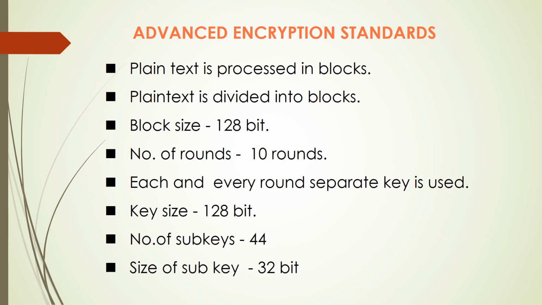Here in each round 4 subkeys are used. So 4 into 32 is equal to 128-bit. That is the key size. So 4 subkeys are used for each round calculation. So a total of 44 subkeys are used for the AES algorithm.